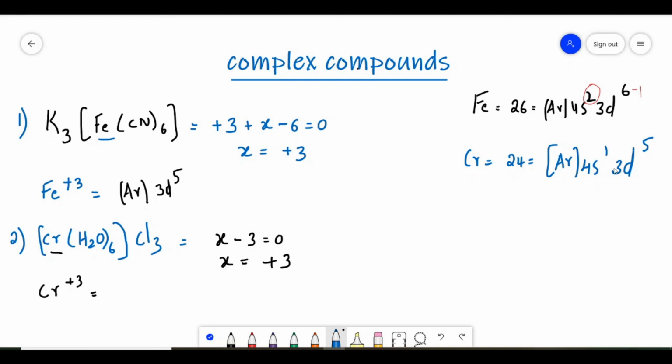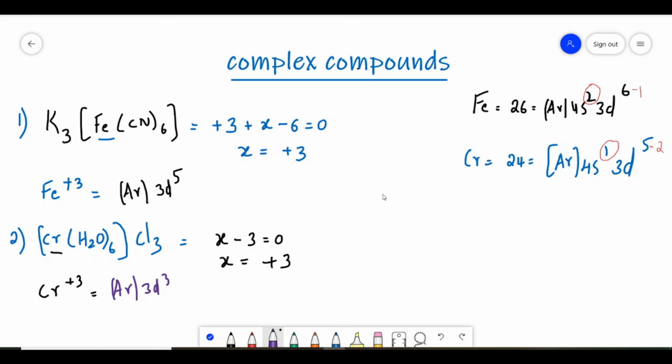And now the plus 3 charge. First we remove one electron from the 4s and then two electrons from the d. Now the configuration we get is argon 4s0 3d3. This is how we calculate the oxidation state and write the configuration of the central ion.